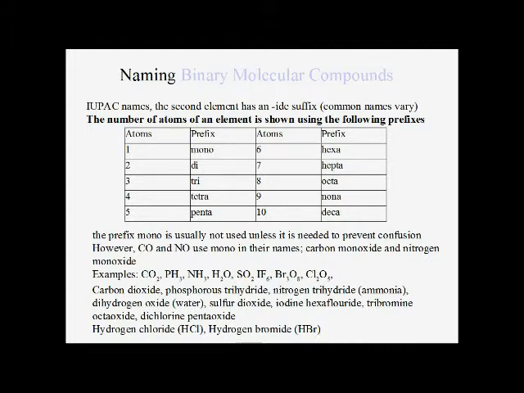H2O. Well, we know this is water. The systematic name would be dihydrogen oxide. Another version would just be hydrogen oxide. But we're just going to call it water. We're not going to worry about those other names.